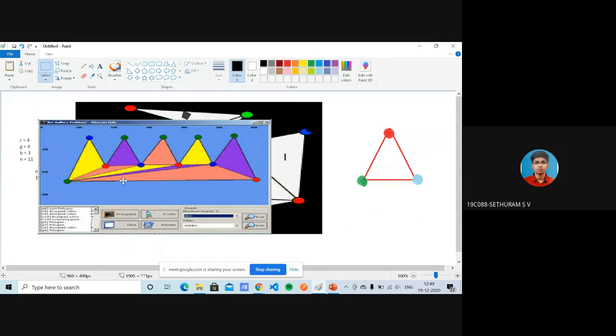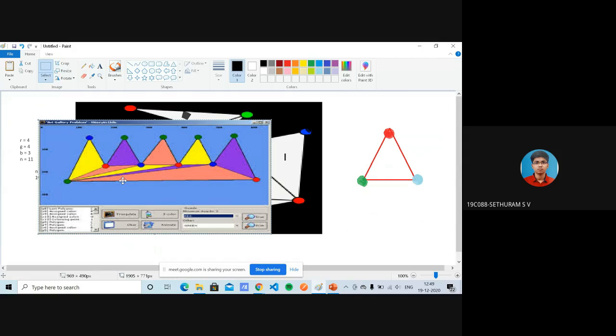But the actual question is, how do we know the minimum number of cameras required to cover the actual polygon? As I said at the start of this problem, this is an NP-hard problem. There's no efficient way of telling that this is the minimum number of cameras to be placed to safeguard the place, as there's no known efficient solution for a polygon at this stage of computational geometry.